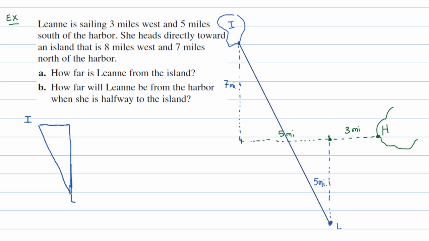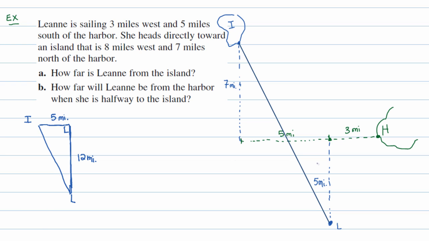We know that the distance vertically is going to be 7 plus an extra 5, or in other words, 12 miles. We know the distance horizontally, or in other words, west, is 5 miles. See, this distance here is 5 miles we denoted, so that'll be 5 miles.